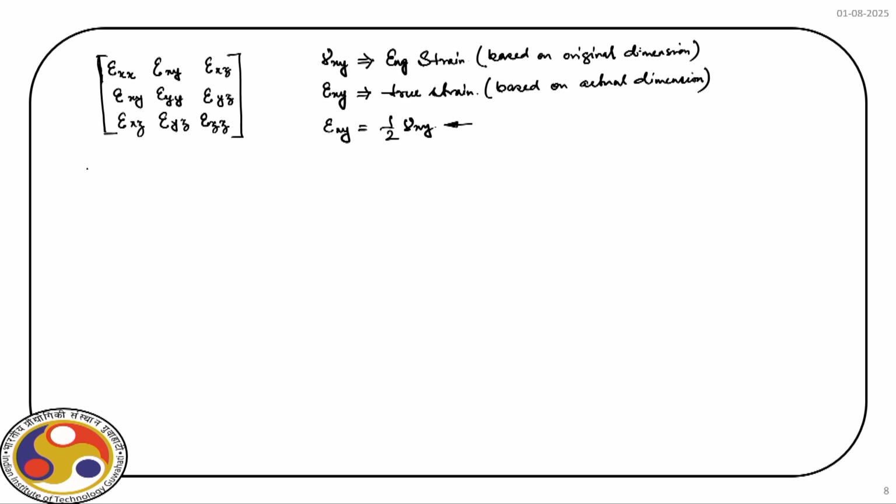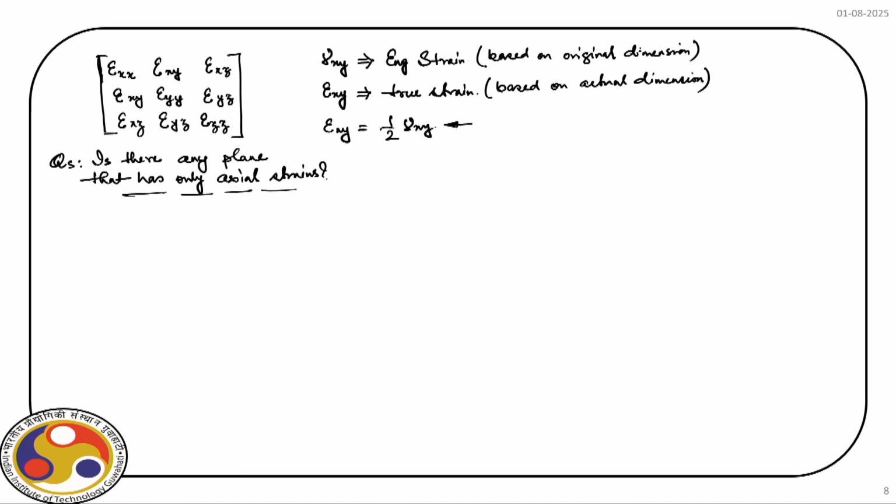Now, the question is, is there any plane that has only axial strains, and if so, what is that quantity?